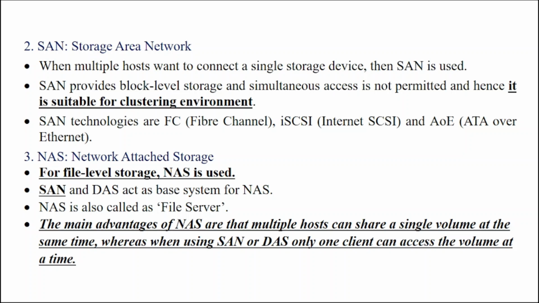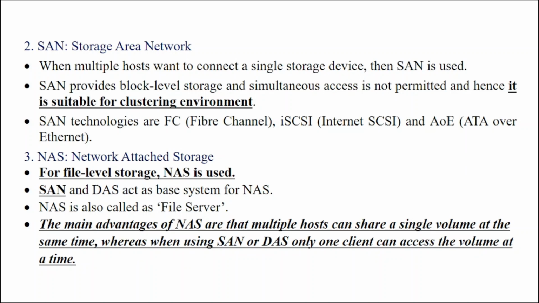Now, what is NAS? When you need multiple servers connected to a single storage, but they have to be accessed simultaneously, means this simultaneous access should be permitted, at that time NAS will be used. Understood? So the difference between SAN and NAS is that NAS is implemented with the help of SAN, but here the multiple reads are available.